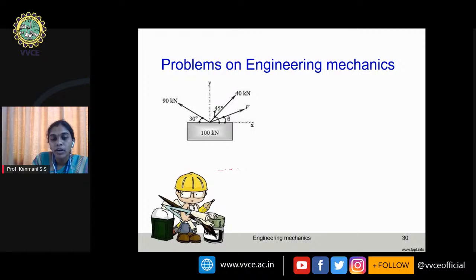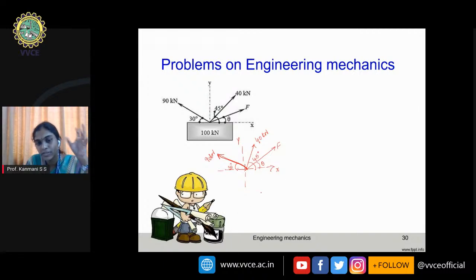We have the x-axis and y-axis, the very first force F with an angle theta, 40 kilonewton with an angle 45 degrees, and on this side another force, 90 kilonewton at an angle 30 degrees. The first step is to resolve, the next step is to combine to make summation Fx and summation Fy.